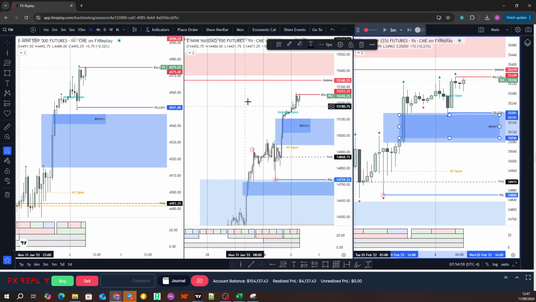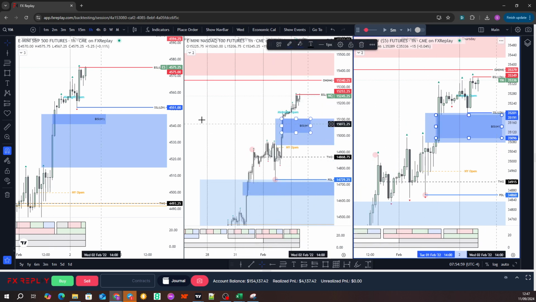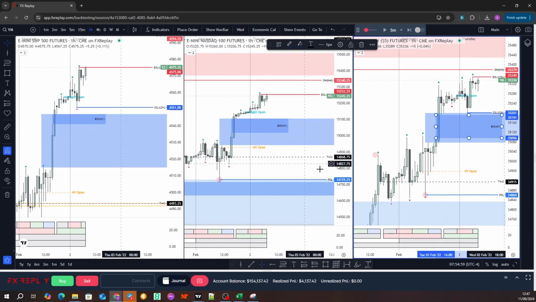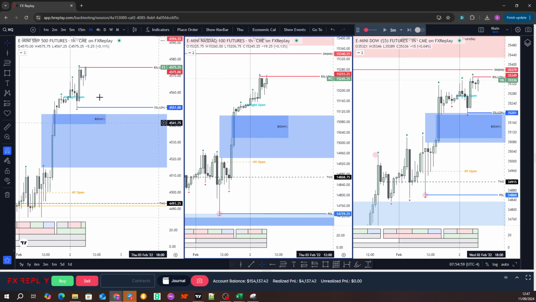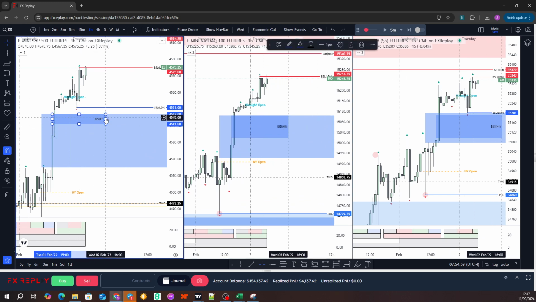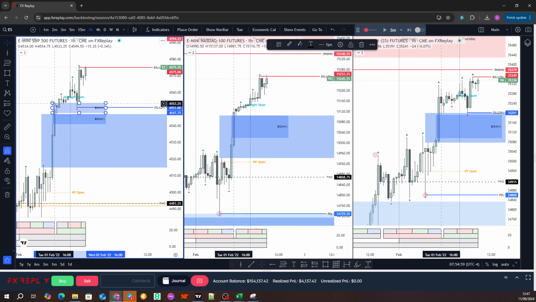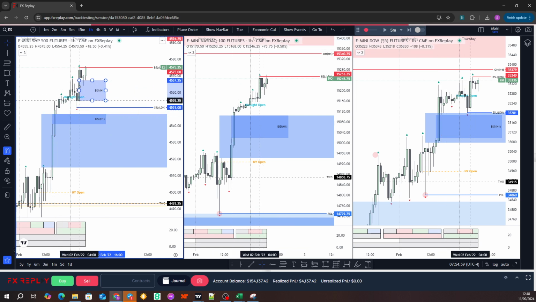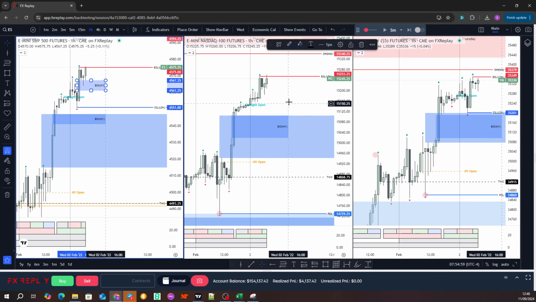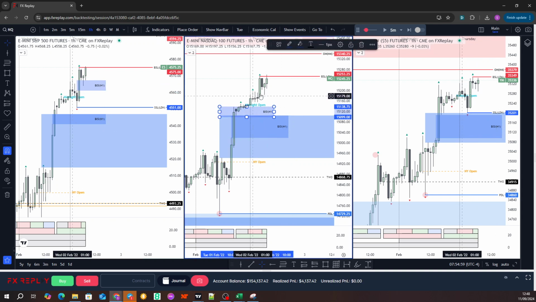Okay. Well, I've said okay, but I haven't actually done what I was aiming to do, which was this fair value gap here, which is ultimately being respected.